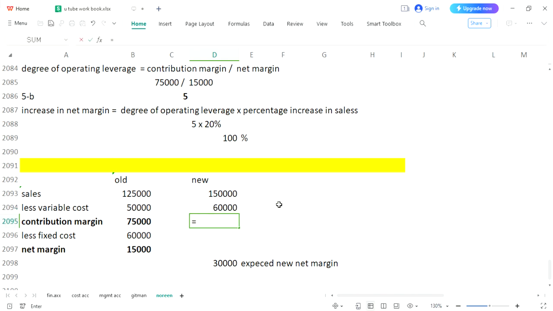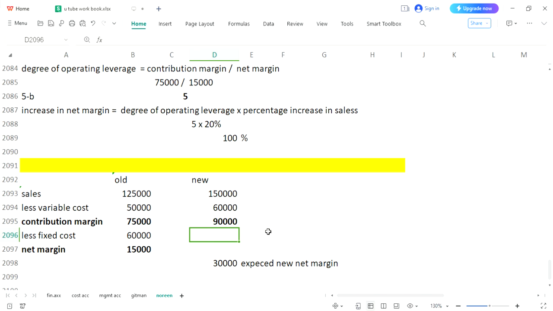Now contribution margin can be calculated, which is the difference between sales and variable cost. Sale is 150,000. You will subtract variable cost to calculate the difference. This is the new contribution margin. Sorry, I was saying net margin, which is contribution margin.